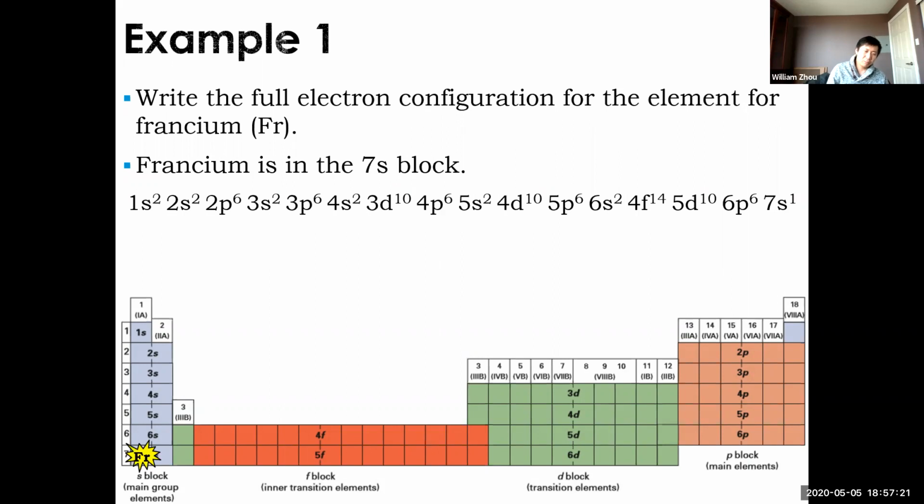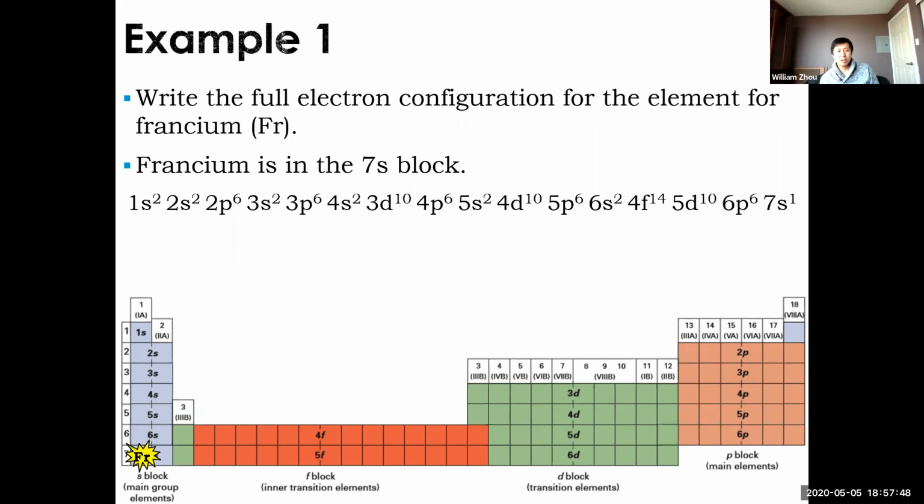But remember, what comes after 6s? Well, the F block. You have to insert that into the periodic table. So that would be 4f14. There are 14 elements in the actinides and the lanthanides. Again, not an accident, because there are 14 electrons in the F block. So really credit to Mendeleev for coming up with this brilliant idea for the periodic table.